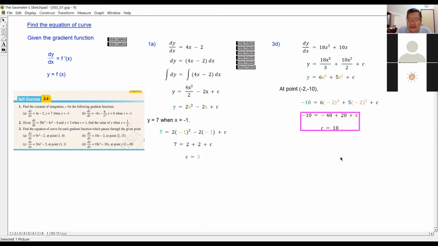But in this question, you cannot stop at c because they didn't ask you to find c. They asked you to find the equation of the curve. So this is not the answer yet. You have to put back the c. You have to replace the c with 18. You write out the equation of the curve and replace c with 18. Any question?